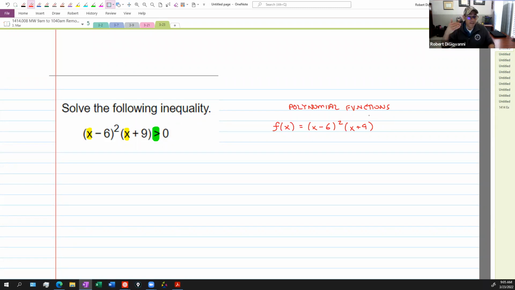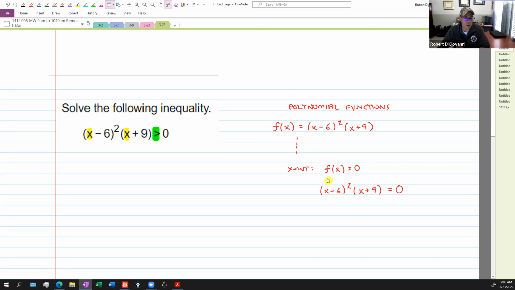If we were asked to sketch this, one of the steps would be to find the x-intercepts. To find them, we would set x minus 6 squared times x plus 9 equal to 0 and figure out which x's make this true.